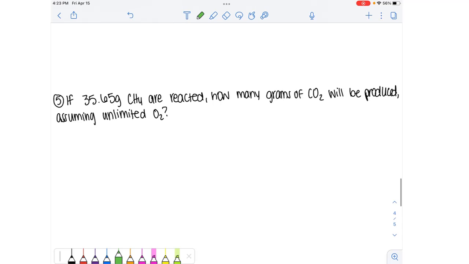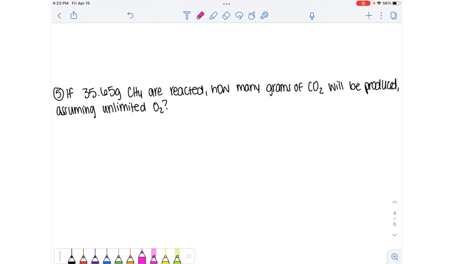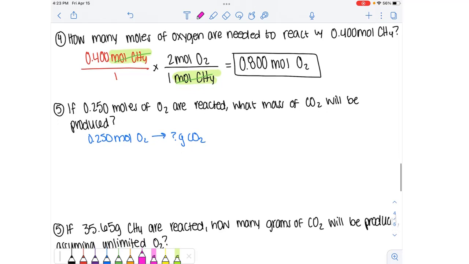So let's write that in our formula here. We're going to start with our known. We are going to multiply that by the mole to mole conversion factor, and then multiply that by the molar mass conversion factor.